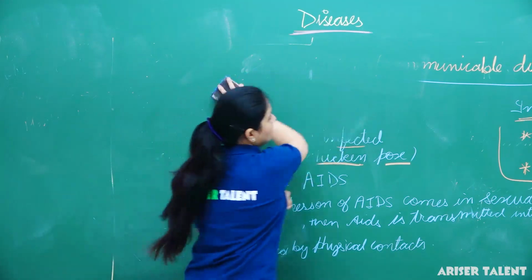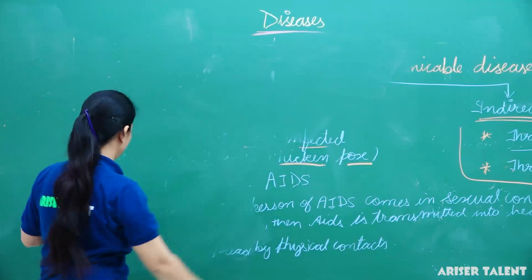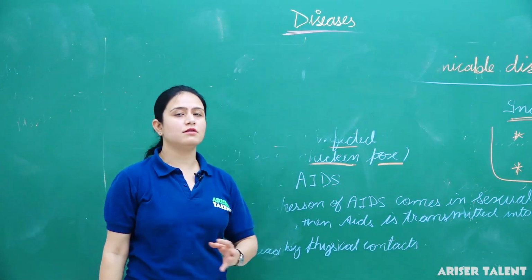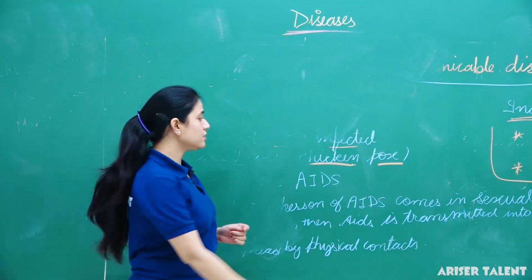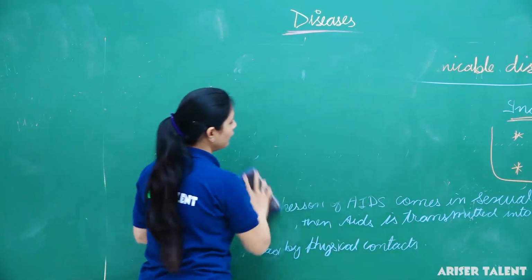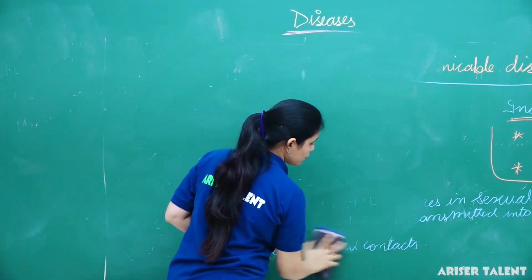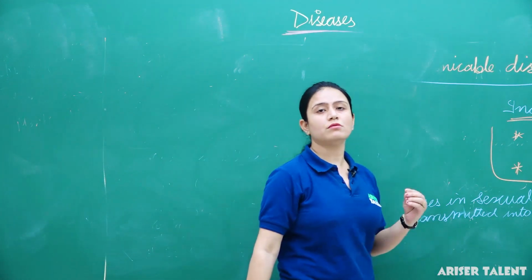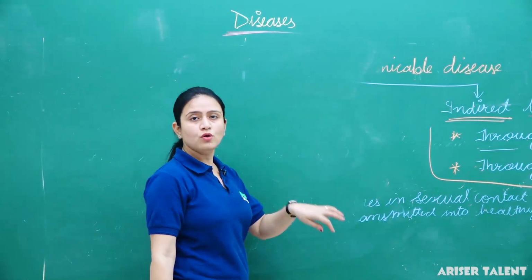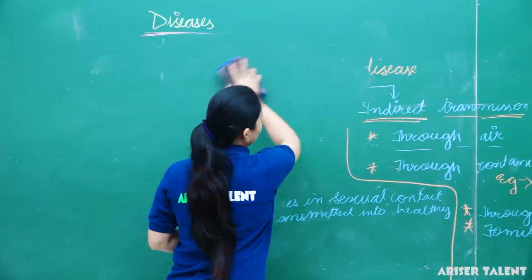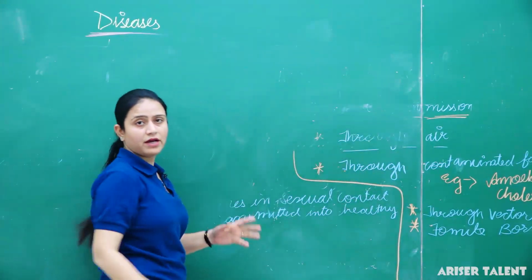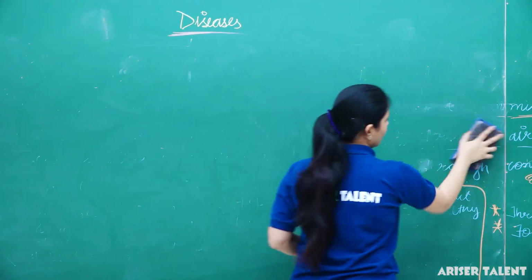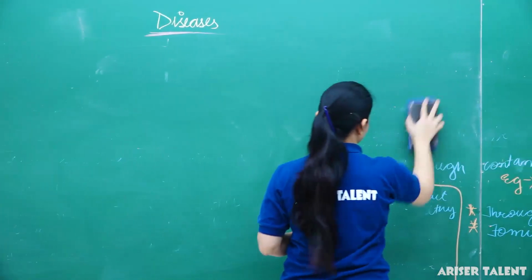The human body is made up of different organ systems, organ systems are made up of organs, and organs are made up of tissues. As the human body is large, microbes have great space to enter and stay there, and if they stay there, they cause many diseases and the person gets infected or may suffer from the disease.